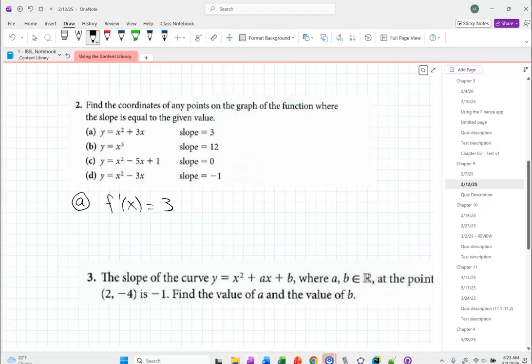Really what I need to do is solve this equation. So guess what I'm going to start by doing? Finding the derivative. What's the derivative of x squared plus 3x? Quick! 2x plus 3. There you go! And now I just solve, and I get x equals 0.